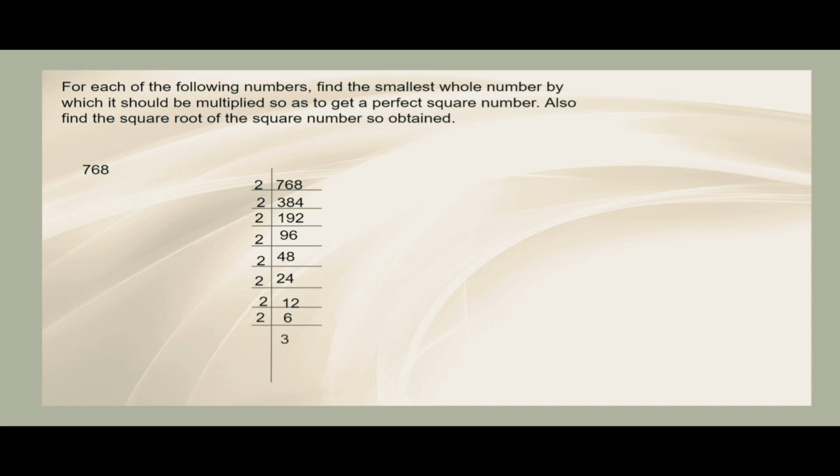Dividing 6 by 2, we get 3. Dividing 3 by 3, we get 1. So, the prime factors of 768 are 8 times 2 multiplied by 3. Let us make the pairs of same numbers.